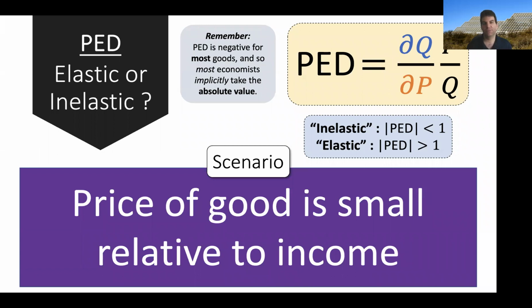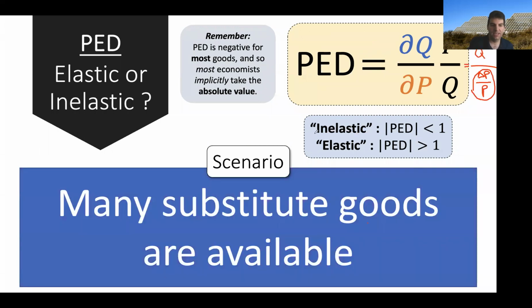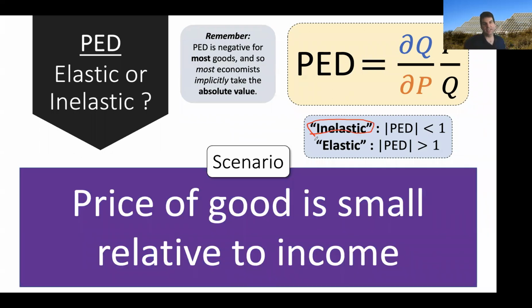A fraction change of the price is an even smaller fraction of your income, so you're not going to be very sensitive to it. Typically, when the price of a good is small relative to income, you have an inelastic good. So the previous one was elastic, and this one is inelastic.